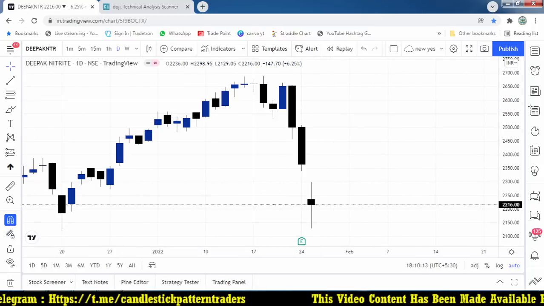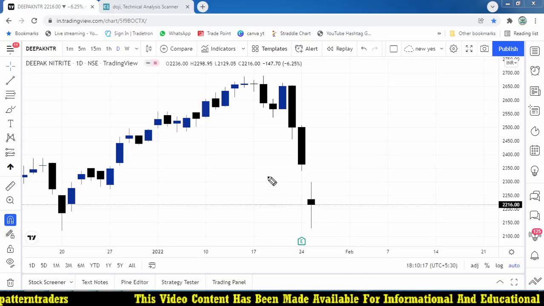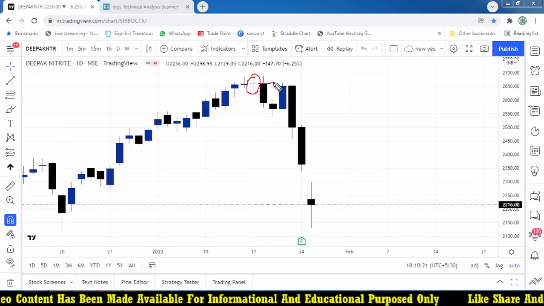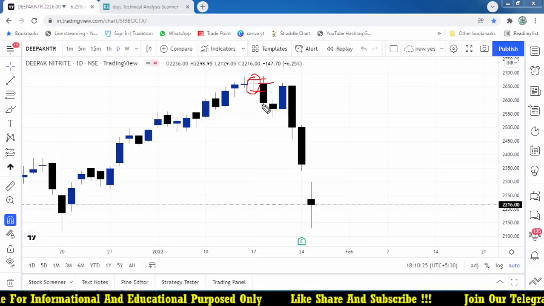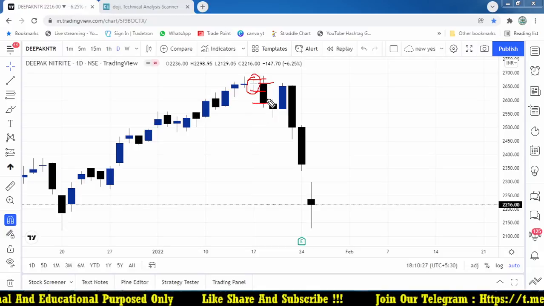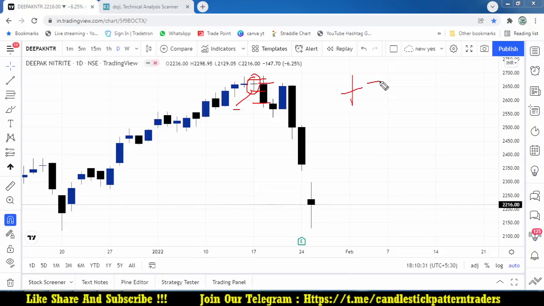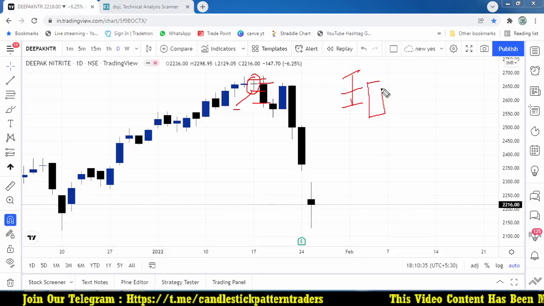So what conditions have we created, and exactly what did we find? The first day should be the doji, the next day open should be between this candle's high and low, and the day should close below the low of the doji day. First one is a doji, next day opens between this high and low, and it must close below the low.